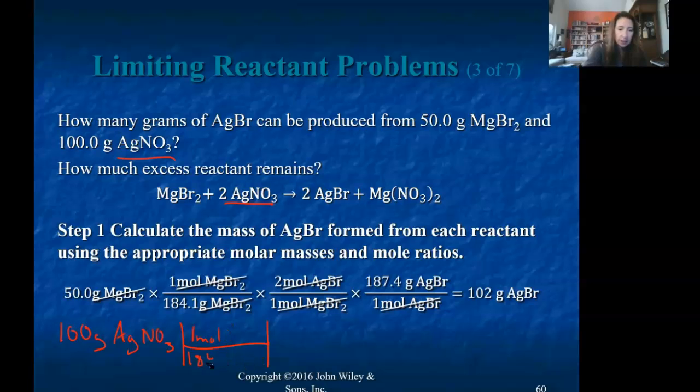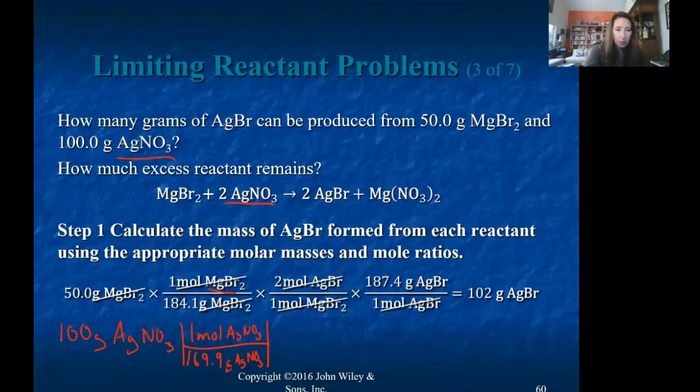Actually, it's not exactly the same. I was just recopying that. Sorry. It is 169. Thank you. 169. The last step is exactly the same. Grams of AgNO3. 1 mole AgNO3. And again, the reason I'm doing this first step here, so it's the same thing, I'm going to convert to moles so I can get to this mole-mole ratio.